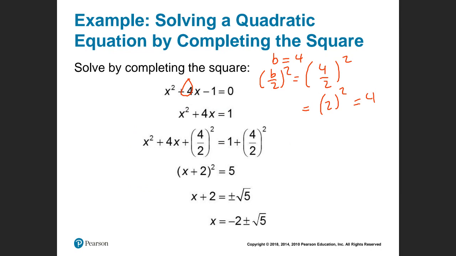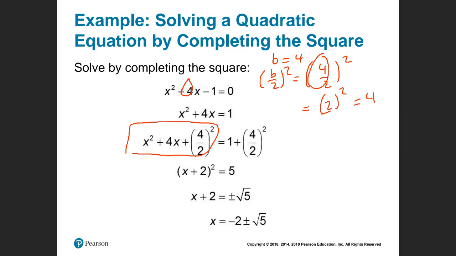To get this one, we change it to x plus 2, because 4 over 2 is 2, so it becomes 2 squared. From what?